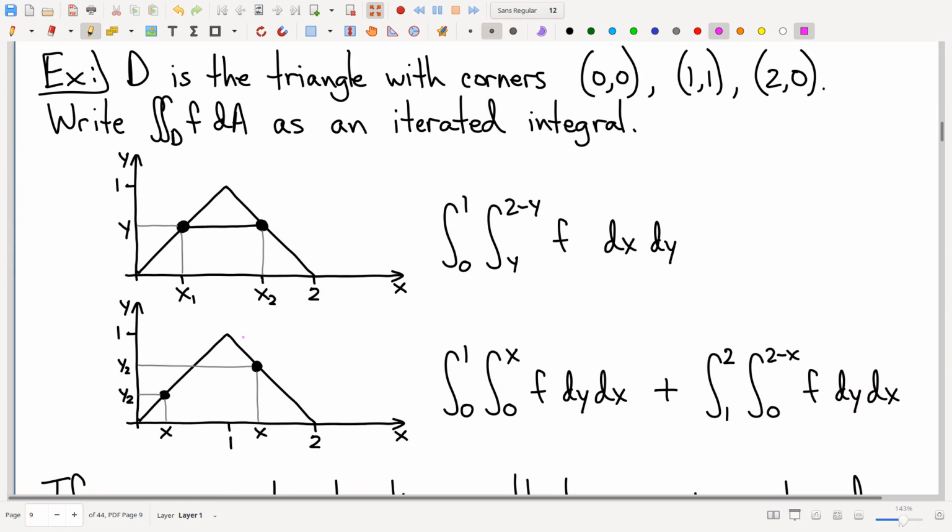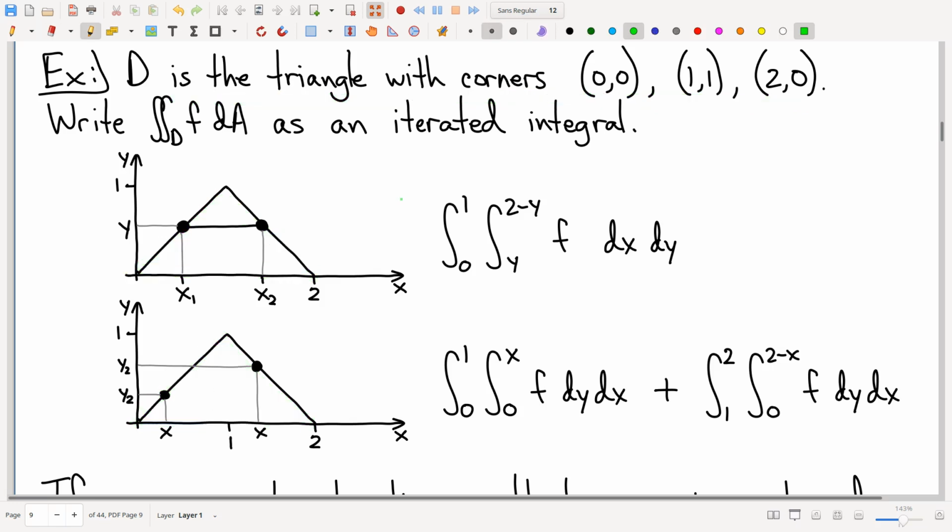So, another example, with just different kinds of ugliness that can come up. Again, we have a certain domain. We're going to look at it twice. We're going to slice it up in two different ways, get two different answers, and decide which one we like better.